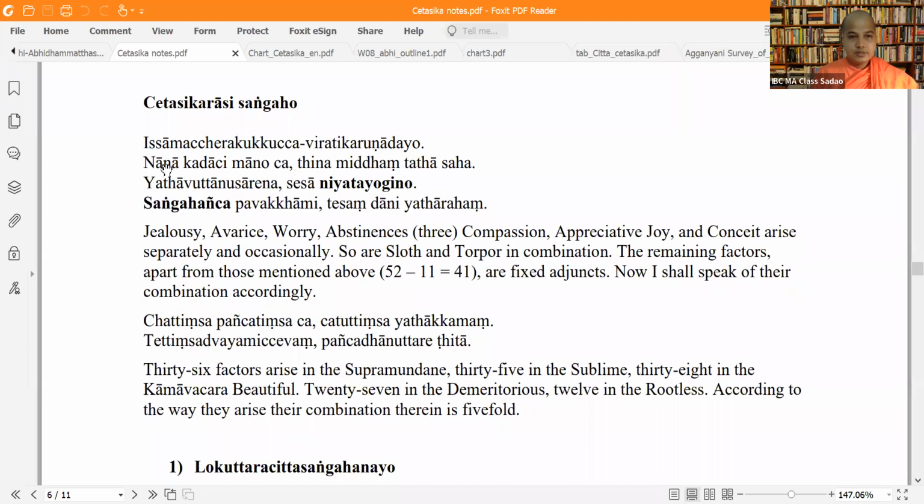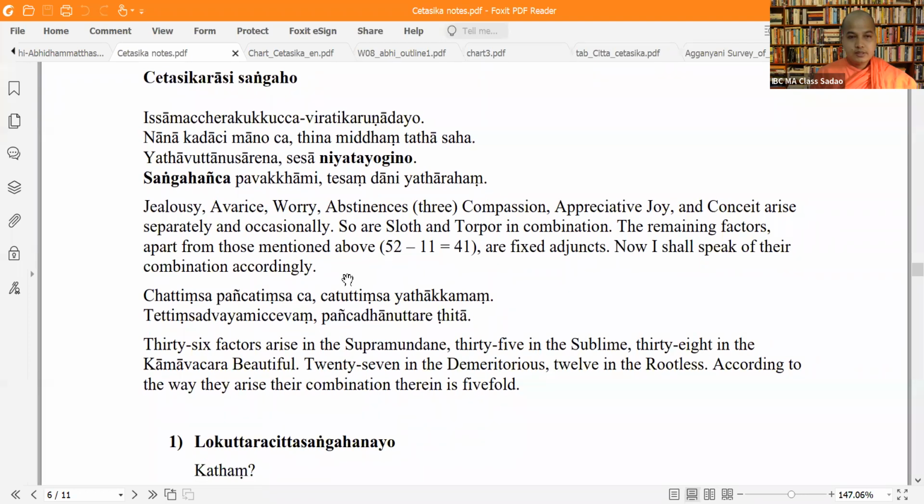Let us read it together. Issa Macharaka Kukucha Virati Karunadayo Nana Kadachi Manocha Tina Middang Tatasaha Yata Vuttanusarena Sesa Niyata Yogino Sangahancha Pavakame Tesang Dani Yataraham.